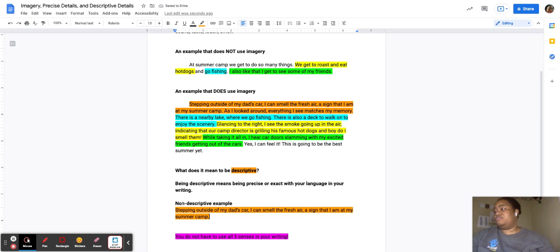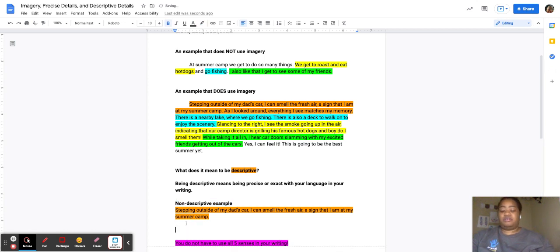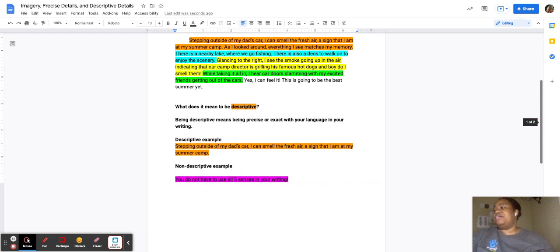We're going to make this one descriptive, and then we're going to make this one non-descriptive. So again, the descriptive example says, "Stepping outside of my dad's car, I can smell the fresh air, a sign that I'm at my summer camp."